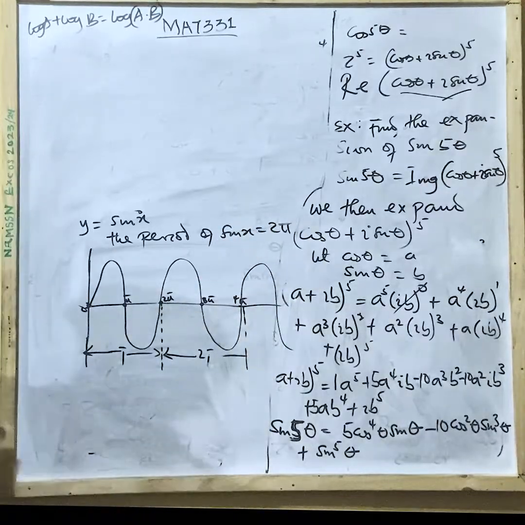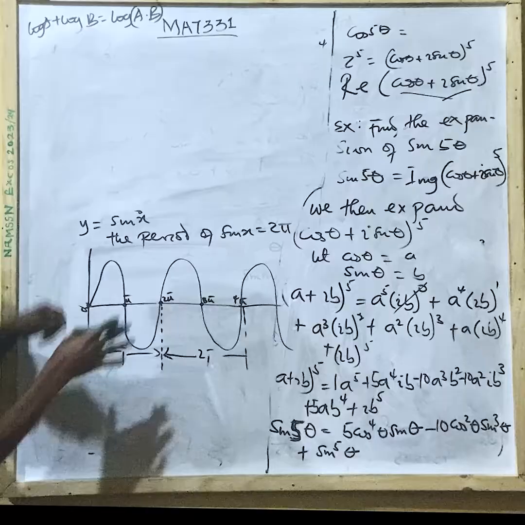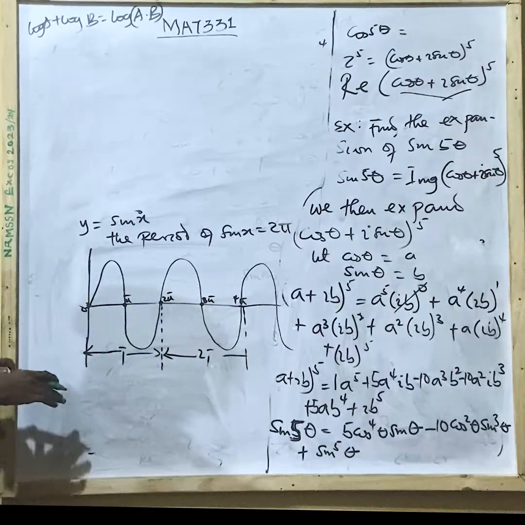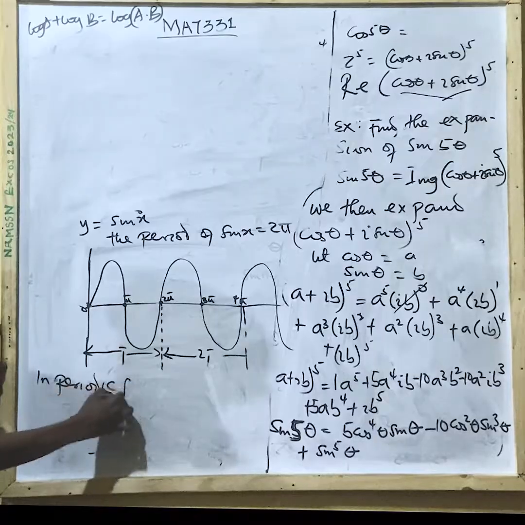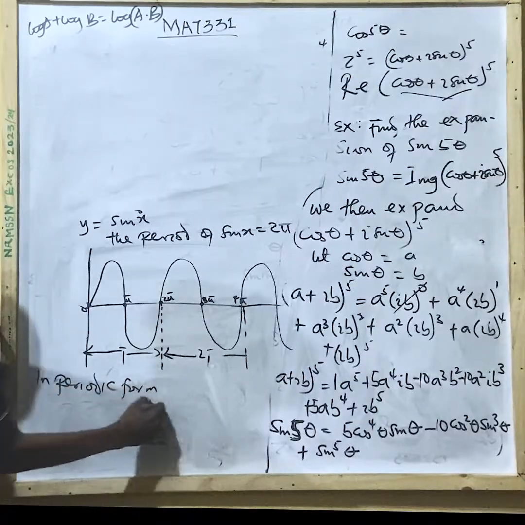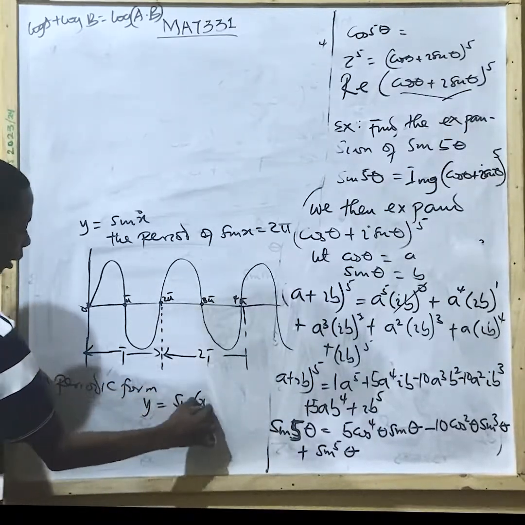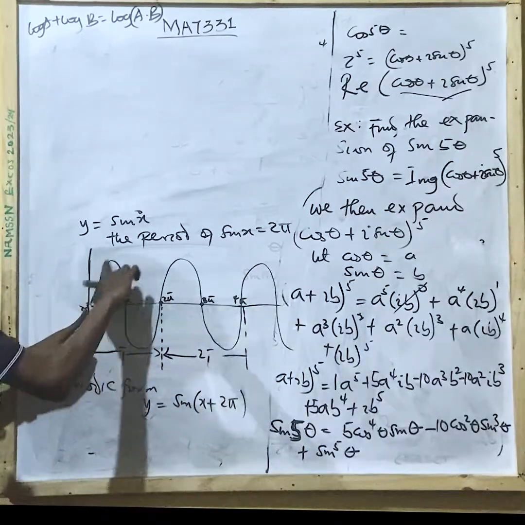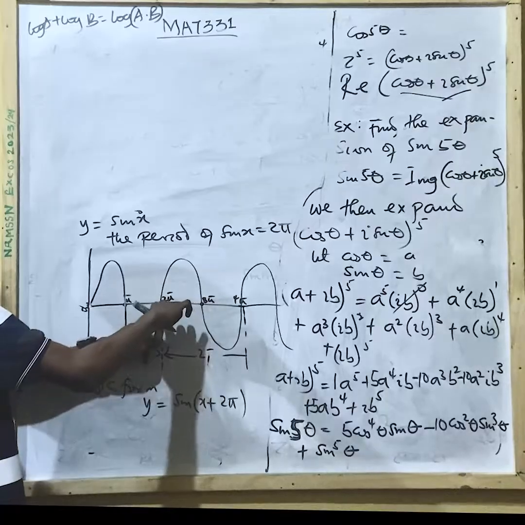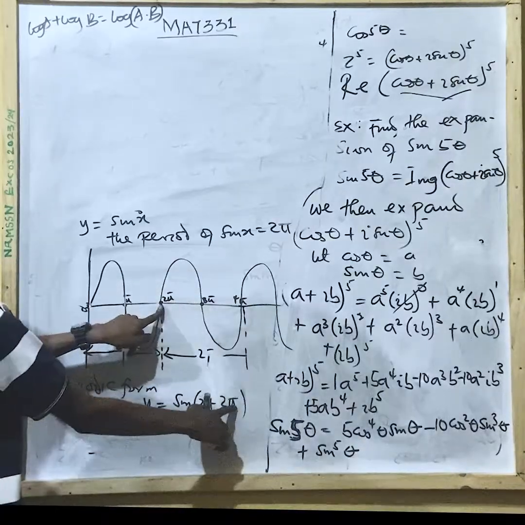And if I want to express sine x in periodic form, it will be y equals to sine x plus 2 pi. This is if I want to express one complete oscillation like this. So y equals to sine x plus 2 pi.